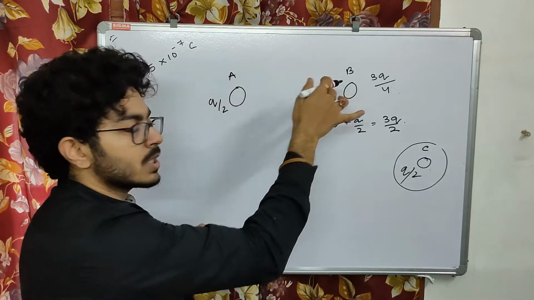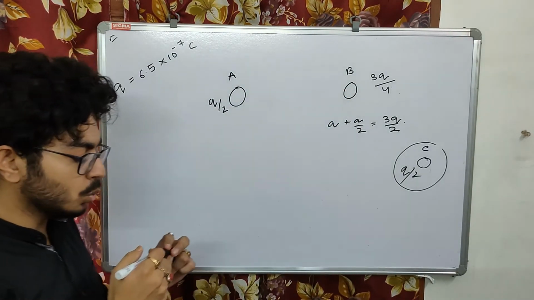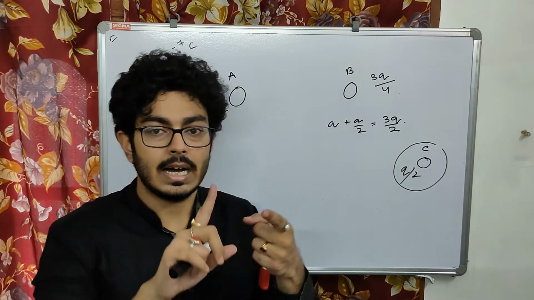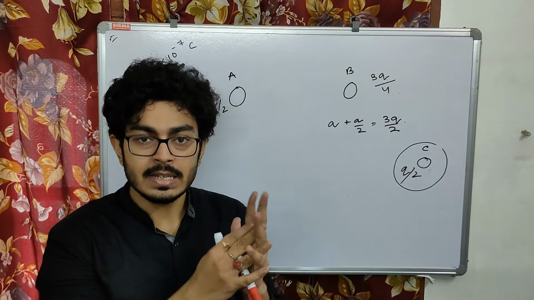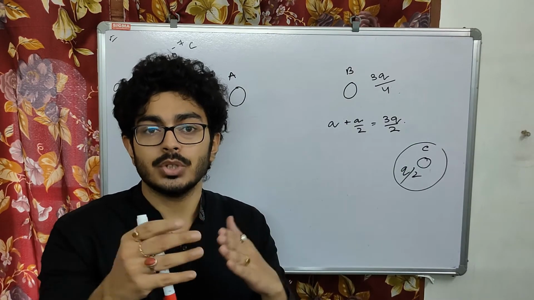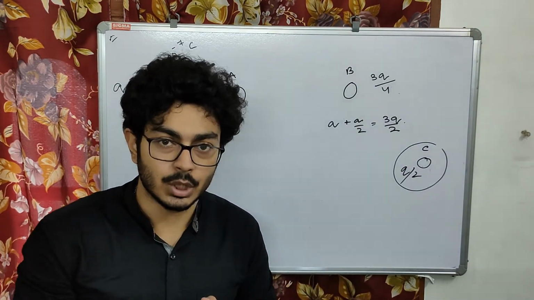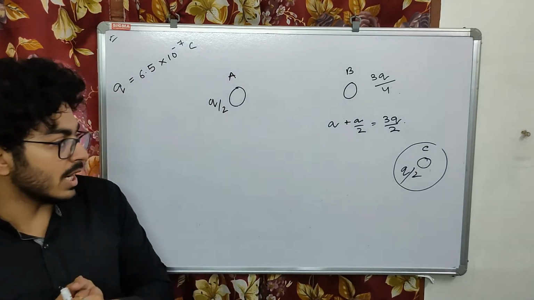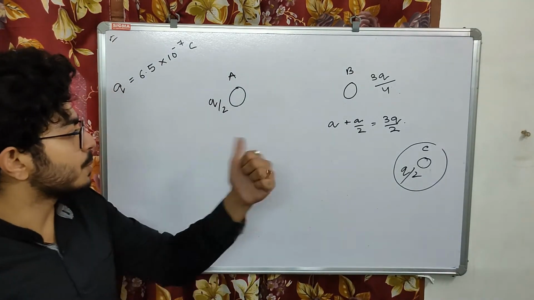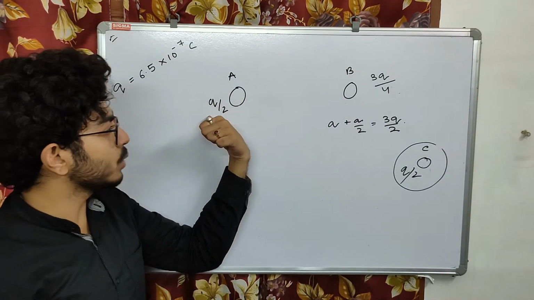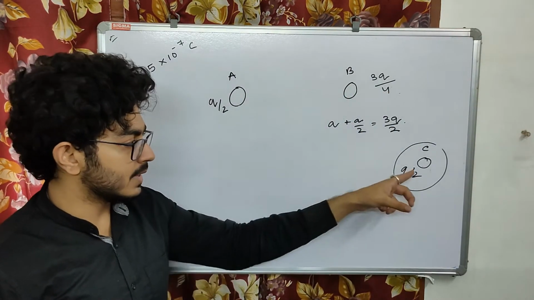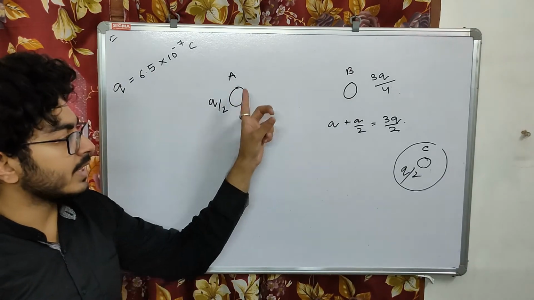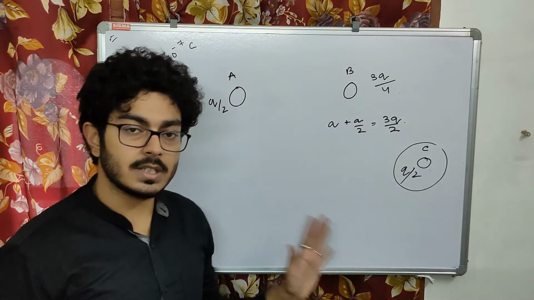This is the main concept for this question: when two bodies are touched or kept in contact, there is a redistribution of charge between the two. So what is the charge after the redistribution? A has Q by 2 charge and B has 3Q by 4 charge. Why? Because C first touched A, then it touched B. So this part is clear to everyone.